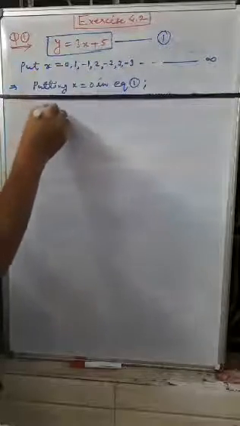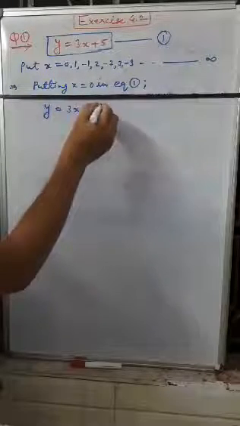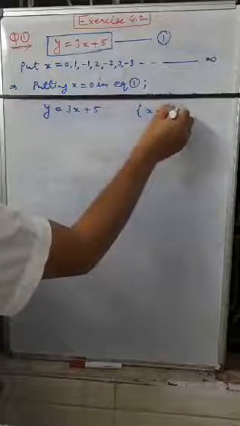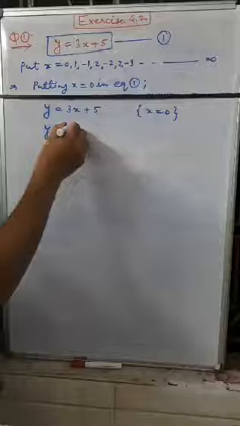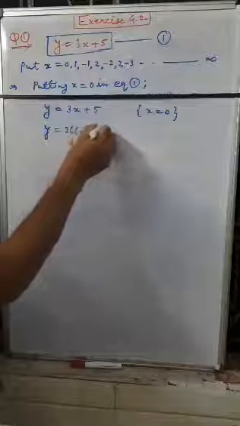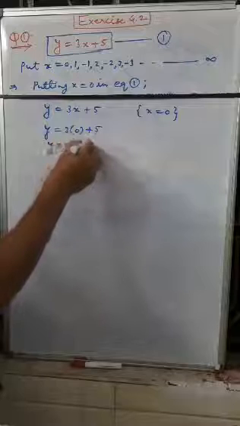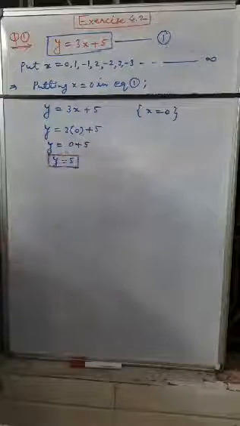So y is equal to 3x plus 5. Here we put x is equal to 0. In place of x we put 0, so y is equal to 3 into 0 plus 5. That means the value of y is equal to 5.